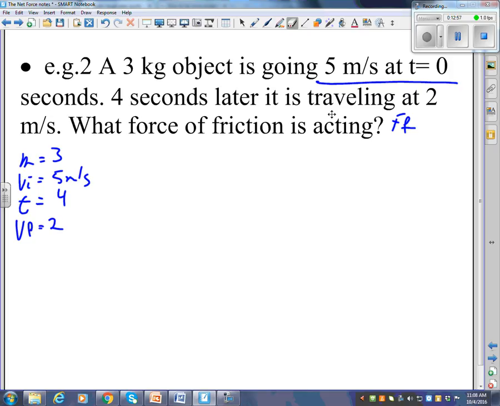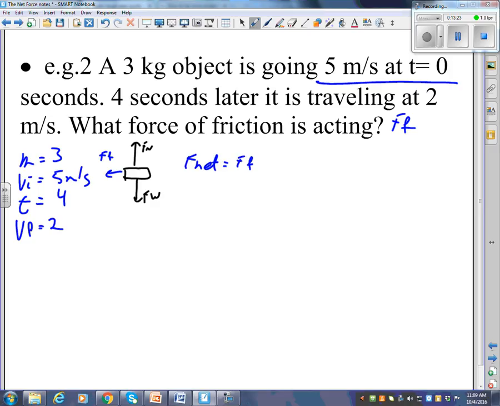I know this from years of experience. You have to work on that experience. So in other words, what is the net force here? If I draw the picture, weight force, normal force, let's draw friction this way. It didn't say anything about any applied forces, therefore the net force is the friction force.